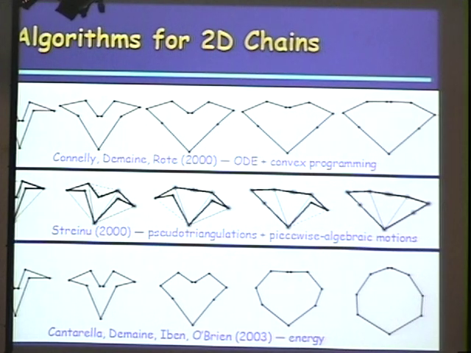Very quick, here is the short story of algorithms. There are three algorithms currently: the original one, which I showed you; one by Streinu at almost the same time, based on pseudo-triangulations, very cool if you know pseudo-triangulations; and a new one called the energy method.